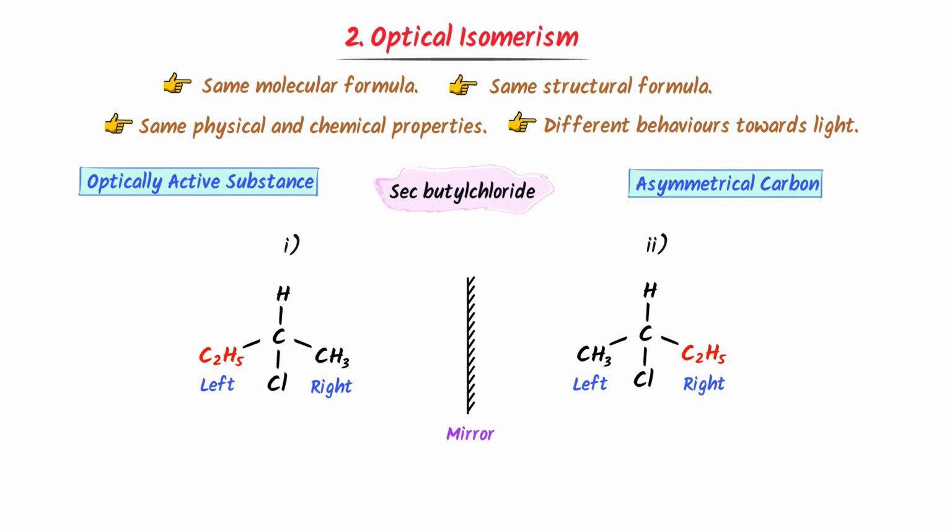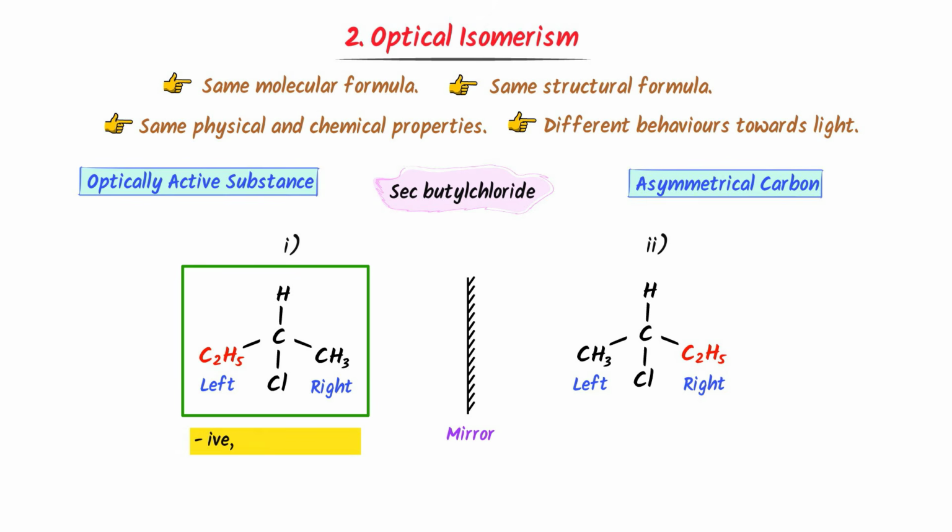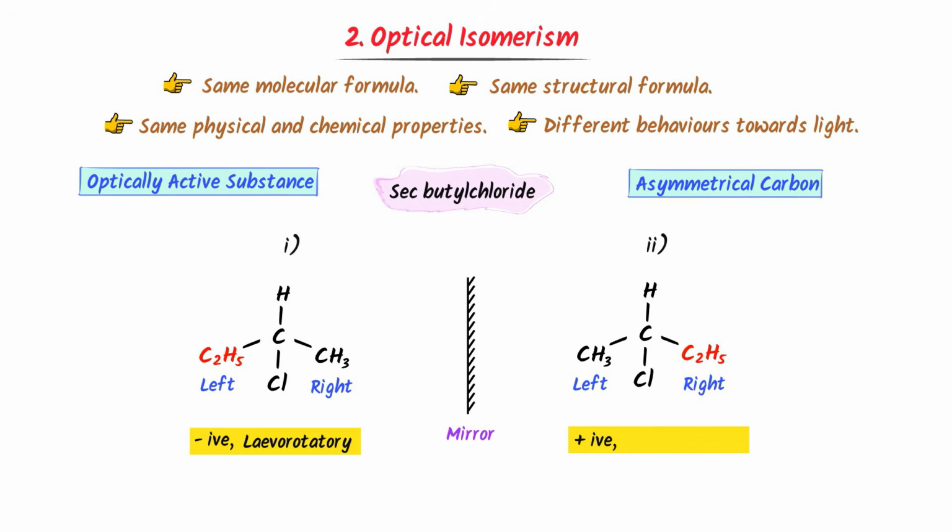Now it depends on you to call this compound negative or positive. Let this be negative. We call it the levorotatory isomer. This is positive. We call it dextrorotatory. We know that these both are enantiomers of each other because they are mirror images of each other. So these are the two optical isomers of this compound.